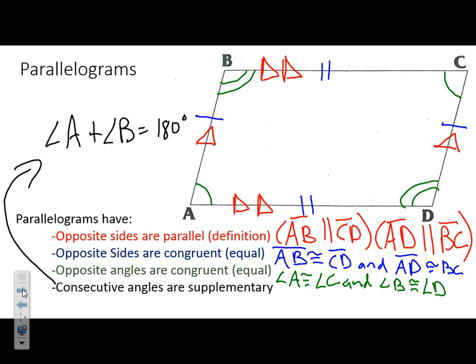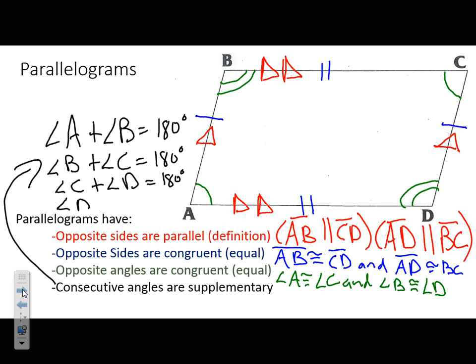If we keep going around, B and C are next to each other, so angle B plus angle C is also equal to 180. Angle C and angle D are next to each other, so if we add those up, we get 180. And last but not least, angle D plus angle A also equals 180 degrees. So all the way around, any angles that are right next to each other add up to 180 degrees.